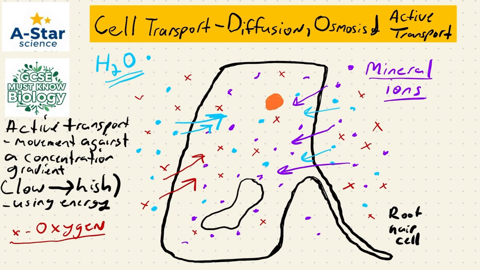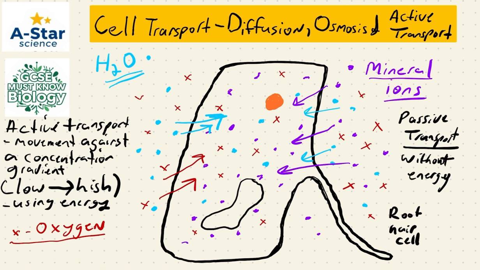The other two types, which were diffusion and osmosis, are called passive transport. Passive meaning without. And in this case, it's without energy because they move down the concentration gradient. They don't require energy like active transport does.